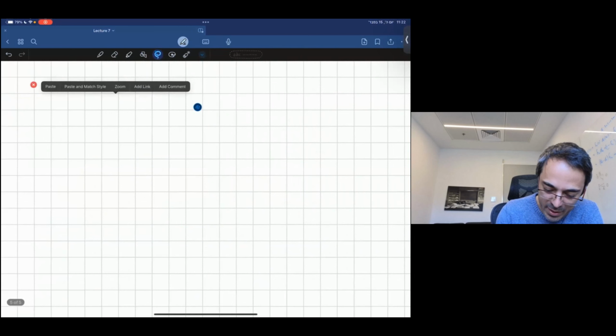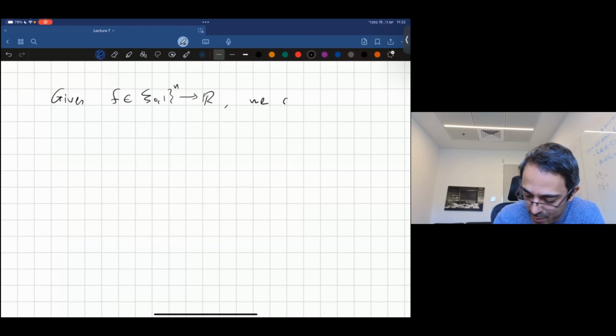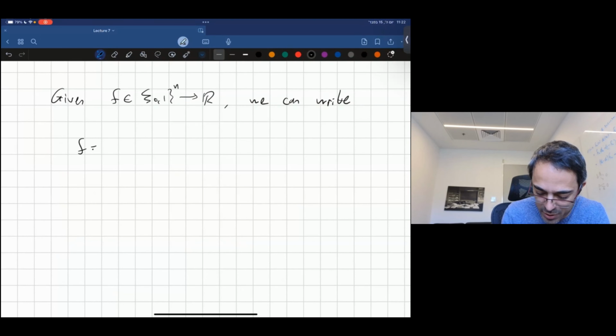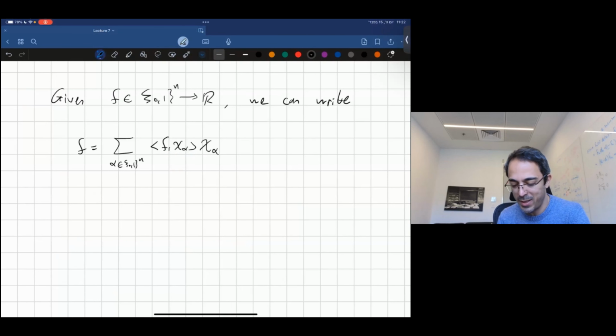So given a function, we can express it uniquely in terms of the basis elements. The basis elements are indexed by alphas. Then you have the inner product between the function and the basis element you are currently iterating over, and then you apply this basis element.